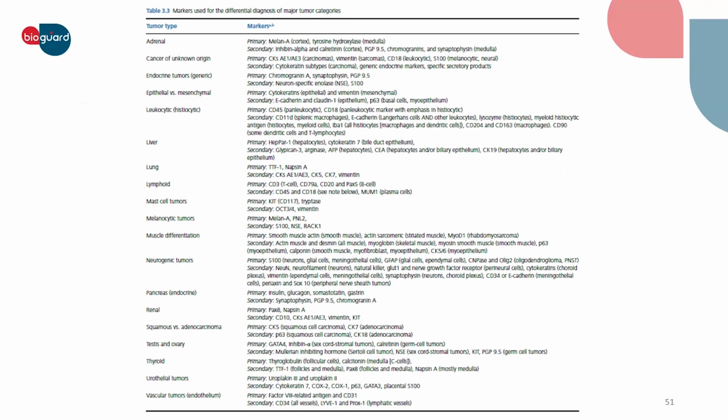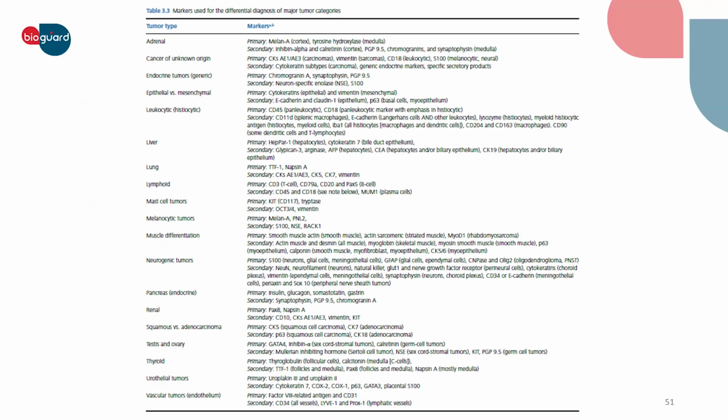Okay, to wrap up our IHC discussion, let's see how all of this comes together in real practice through the use of IHC markers to diagnose different tumor types. This table shows common primary and secondary markers for various tumors. Here are a few key points. We don't rely on just one marker. Diagnosis usually needs a panel of stains.